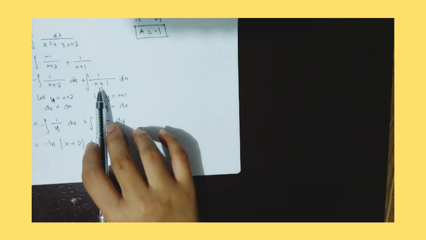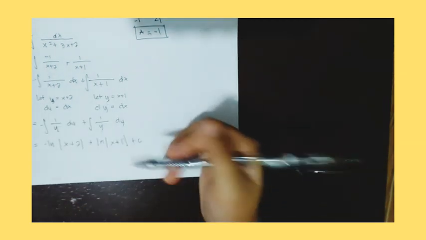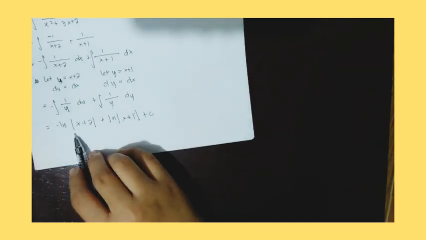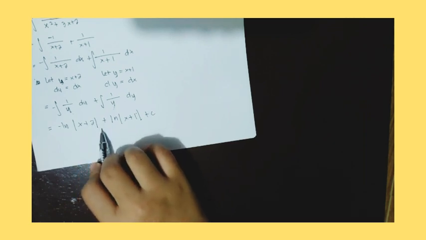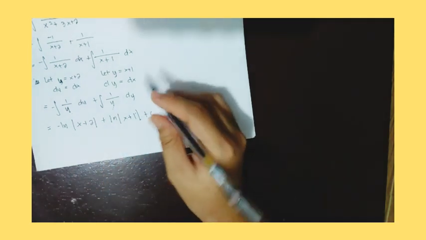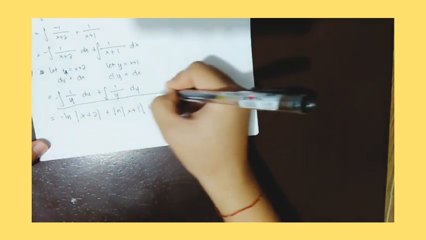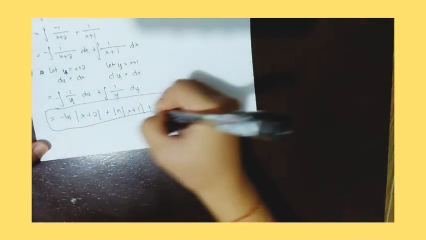So we get negative absolute value of x plus 2, plus absolute value of x plus 1, plus C. This is the final answer.